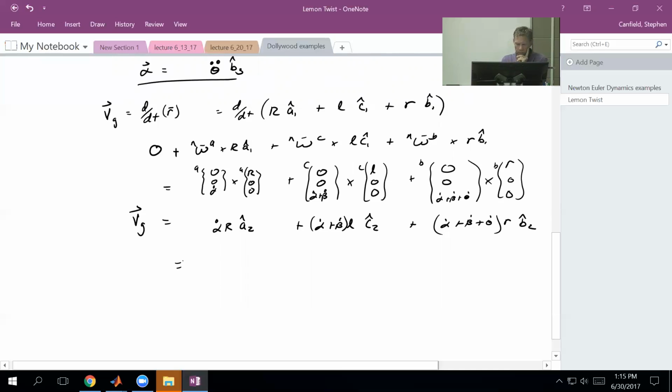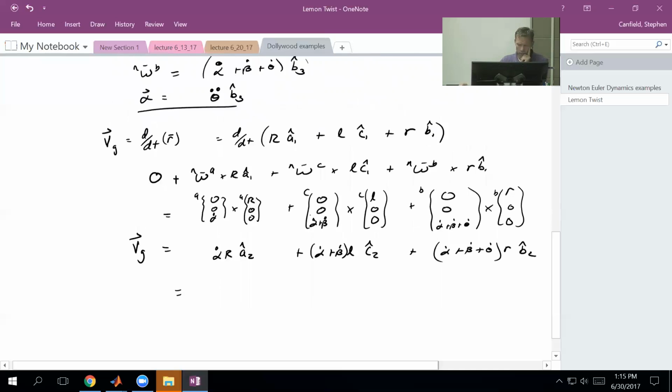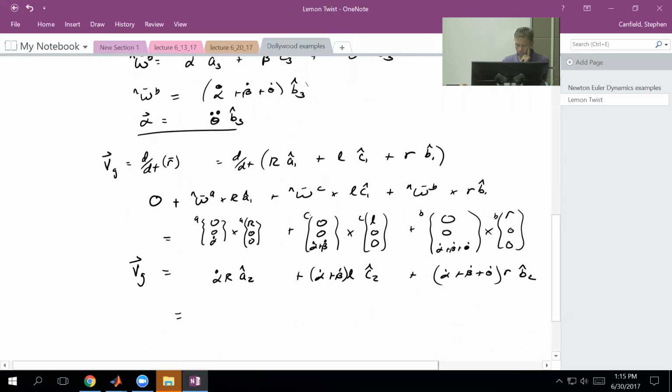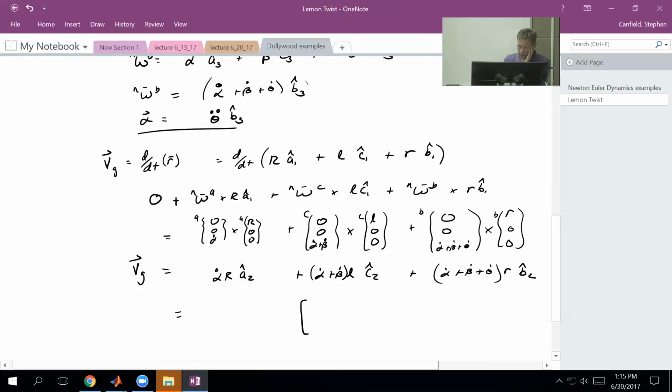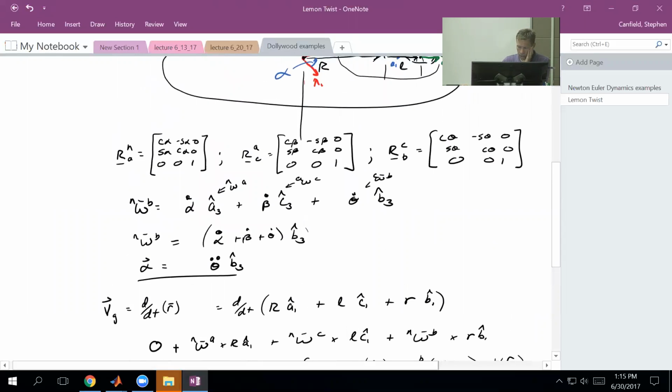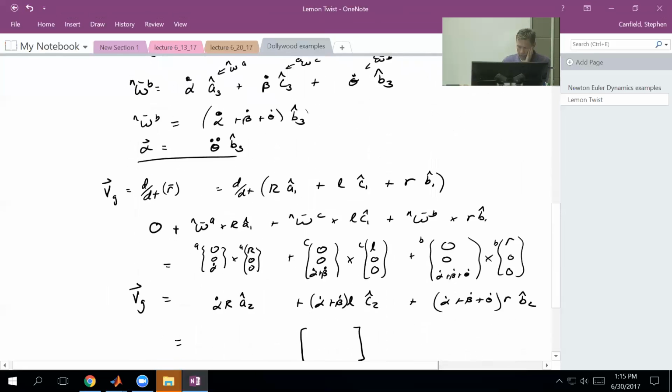We're going to add these, now we need to combine these. To combine them, we need to project them back onto the B frame. So we need to pre-multiply this by the projection of C onto B. I have B onto C here, so I'm going to take a transpose of that.